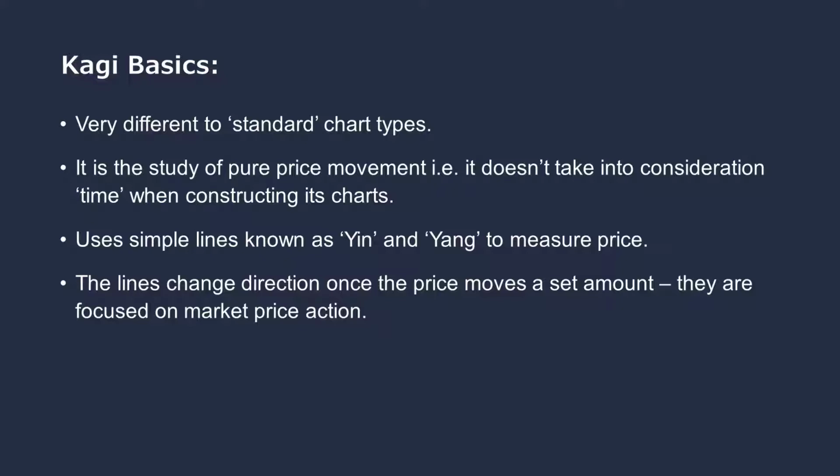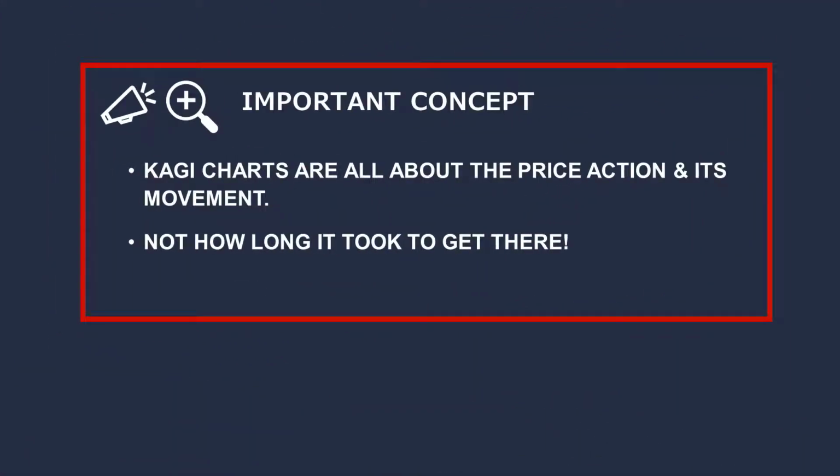So this is purely a chart that looks at market price action, although, as we'll come to see with modern charting technology, time does play a part. So this really is important. You must remember that Kagi charts are all about price action and its movement, not how long it took to get there.